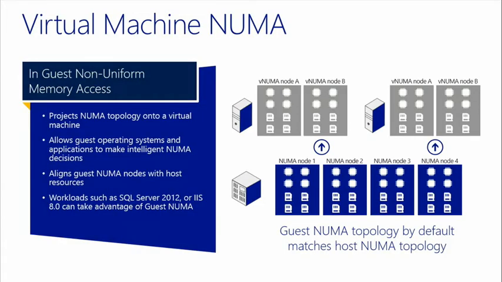Now, NUMA in the physical world is a hardware topology which takes into account physical CPUs and memory and groups them into nodes. When we look at NUMA in a bit more detail, if you think about the physical layer on the slide there, on the bottom row of the diagram, we've got what are called NUMA nodes. And NUMA nodes group together processors, CPU, and memory, as I was alluding to very briefly earlier.